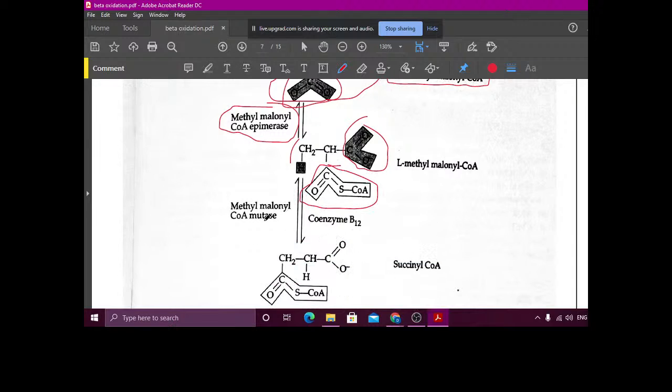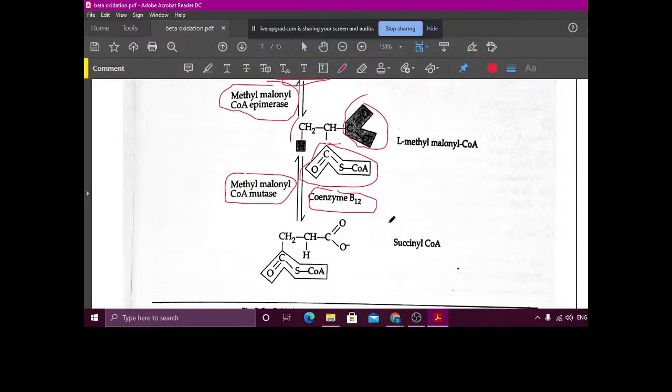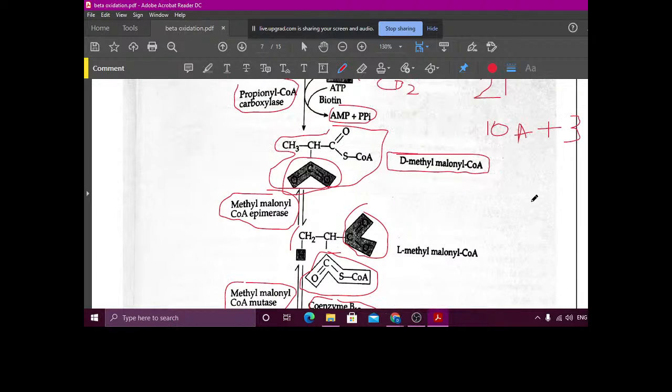Coenzyme A B12 and methylmalonyl CoA mutase, both of them in this presence. It is converted into succinyl CoA. In the worst case, at least try to remember these names.